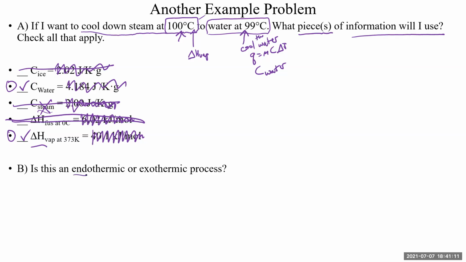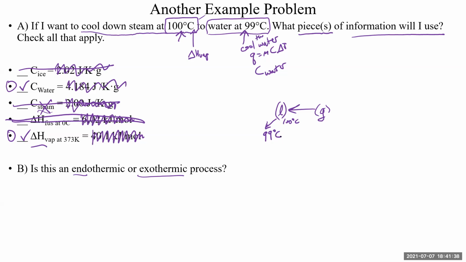Is this an endothermic or exothermic process? We are cooling down. We're going from gas, we're moving from right to left, moving from gas to liquid. And then furthermore, we're going from liquid at 100 degrees Celsius, and we're cooling it to 99 degrees Celsius.